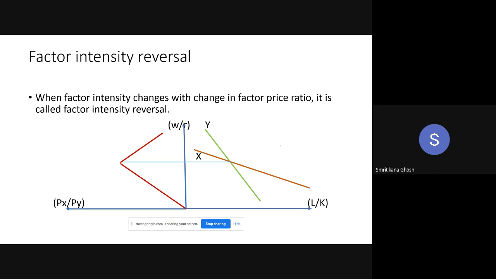What is that? Sometimes it is seen in reality that when a commodity is just invented, at that point of time the commodity is very much labor intensive. You need skilled labor force to produce that commodity just at the beginning of the production, right? But when the commodity has its own market, you have to produce a lot. That means the demand has increased significantly.